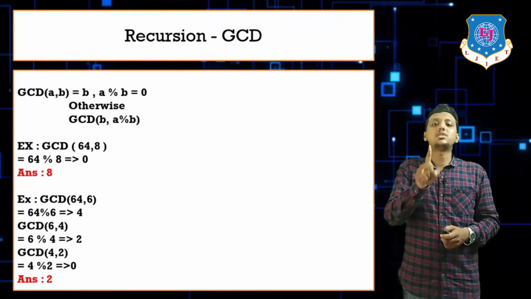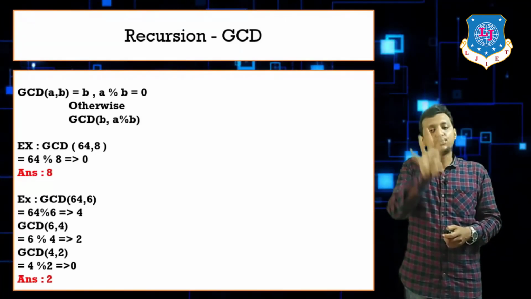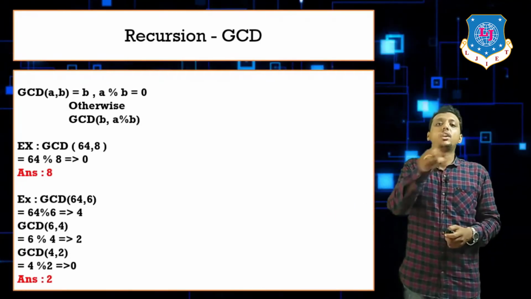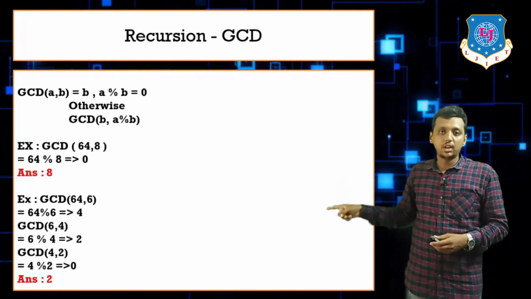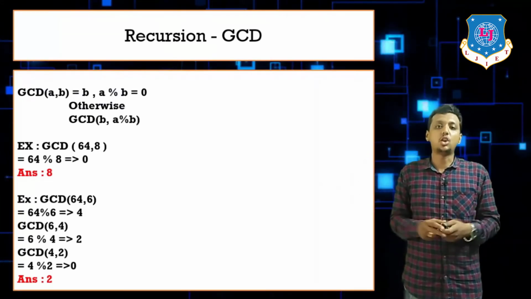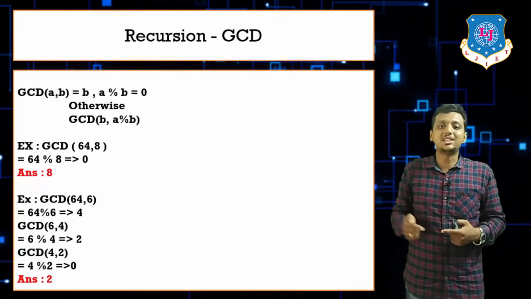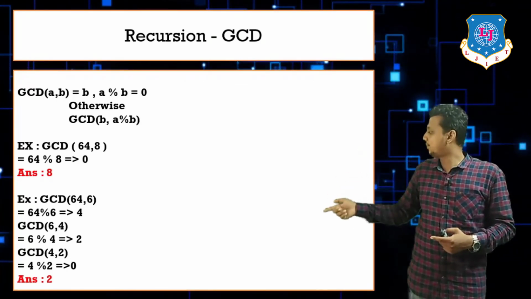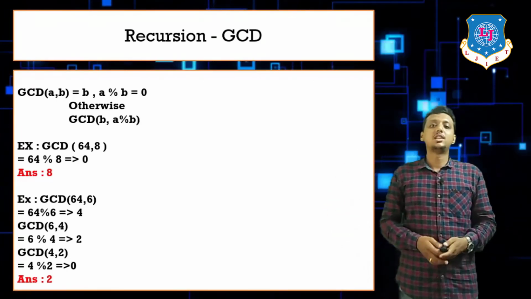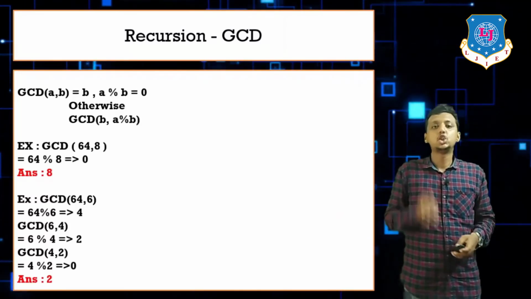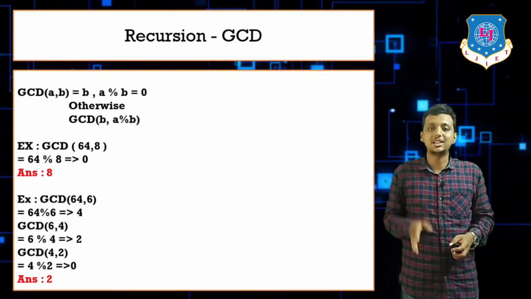First I found 64 modulo 6, which returns 4. So I need to calculate again GCD of 6, 4, which returns 2. Again it's not 0, so we need to calculate again GCD with the previous b and the new remainder. That is GCD of 4, 2. GCD of 4, 2 returns 0. That's why the GCD of 64 and 6 is 2.